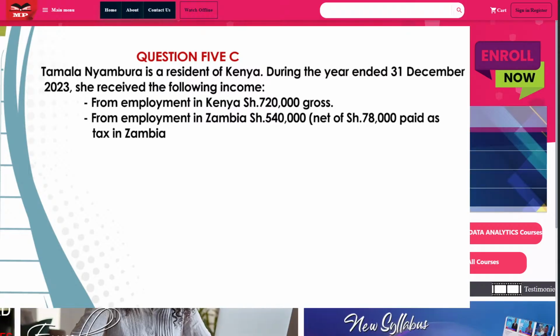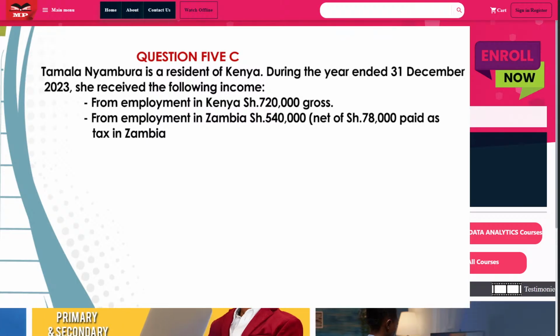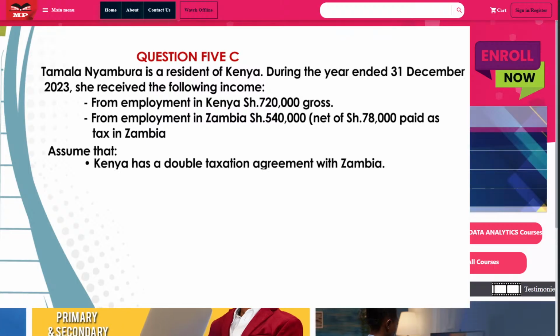And we're being given a figure net of 78,000 paid as tax in Zambia. Assume that Kenya has a double taxation agreement with Zambia.